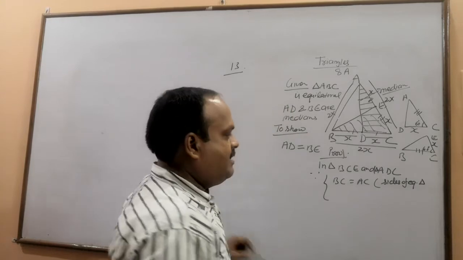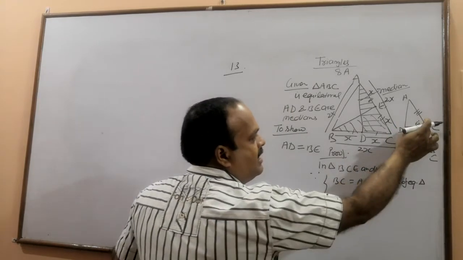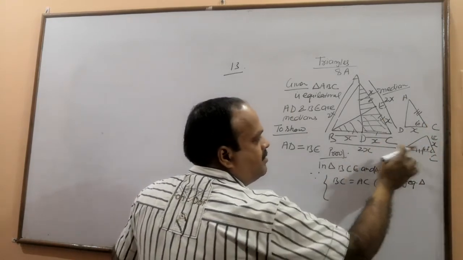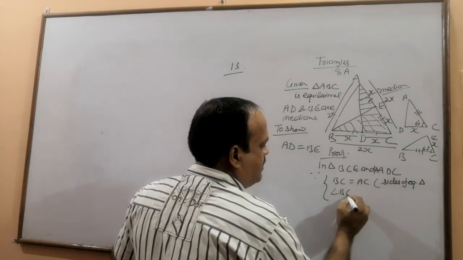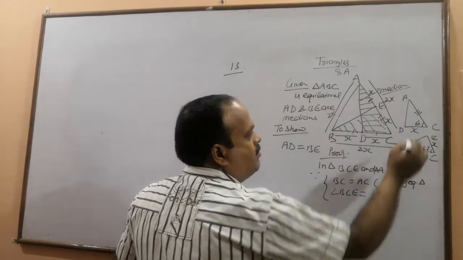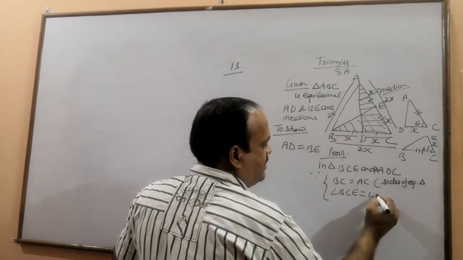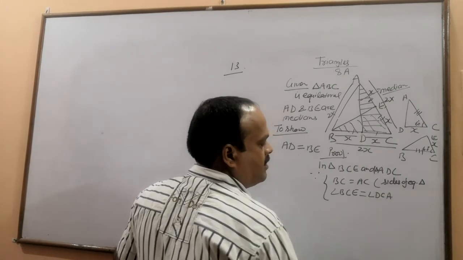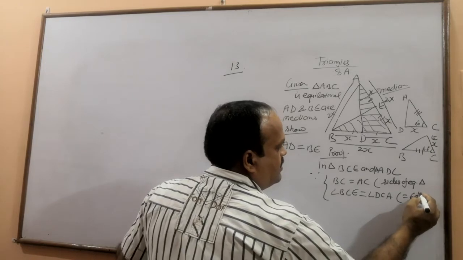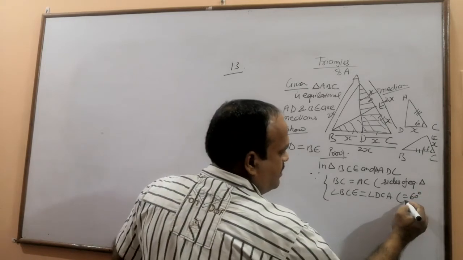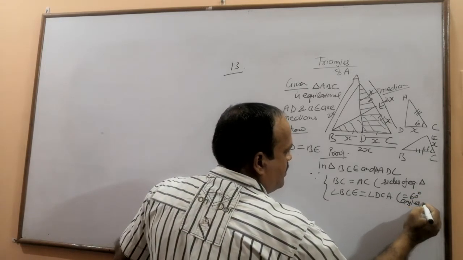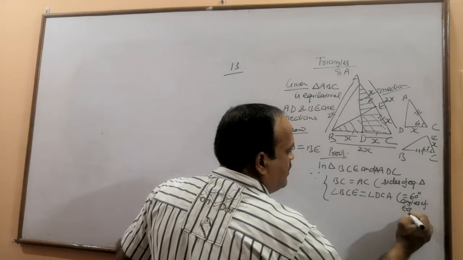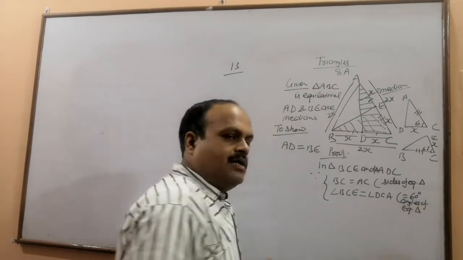Sides of equilateral triangle. Angle BCE equals to DCA (60°). Angles of equilateral triangle.